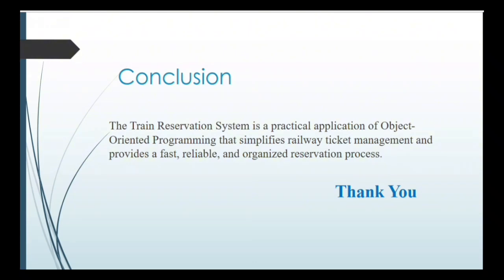It not only improves efficiency but also reduces human errors and saves time for both passengers and system operators. Overall, this project is a small but effective example of how software development can improve everyday systems and make processes more convenient and reliable.